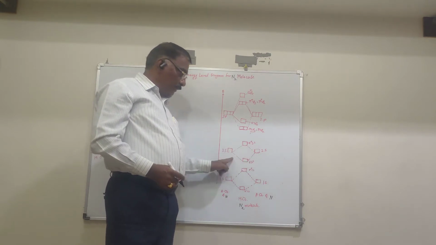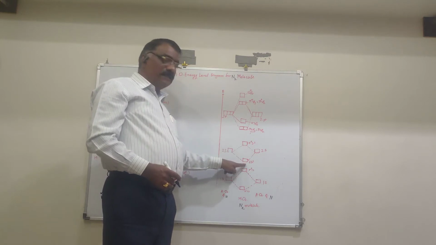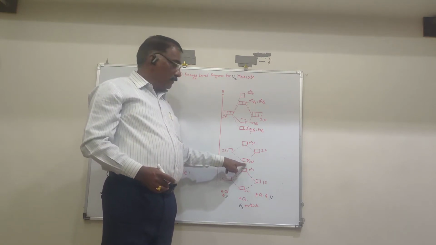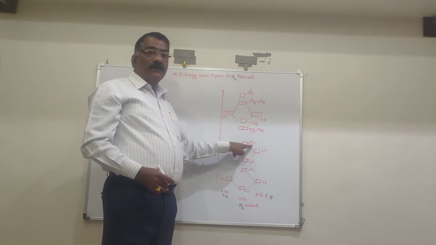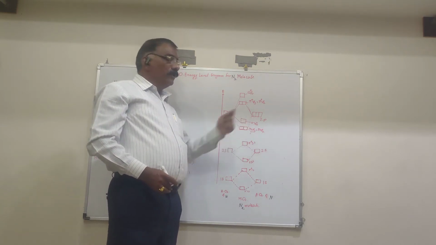Similar for the 2s combination. When 2s orbitals combine, one is the BMO sigma 2s, another is sigma star 2s, which is the anti-bonding molecular orbital. Then p orbitals. We know that there are 3 p orbitals.